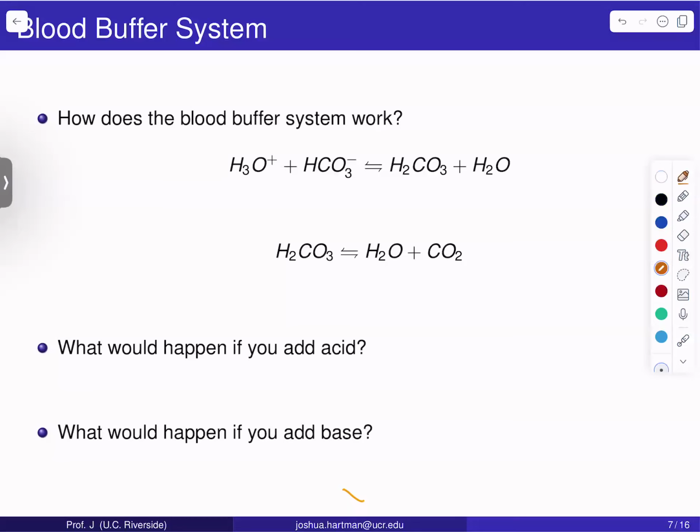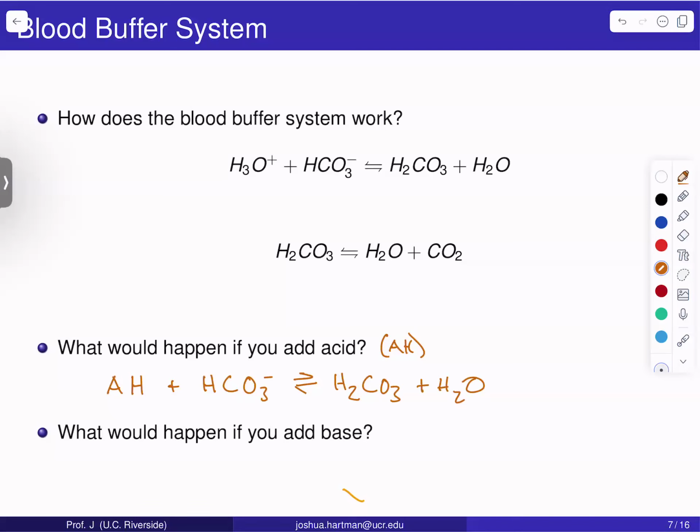At a chemical level, if you add an acid, we'll call it AH, some generic acid, that acid will react with the conjugate base, and that equilibrium will shift to the right, forming more of the weak acid, H2CO3, and water.